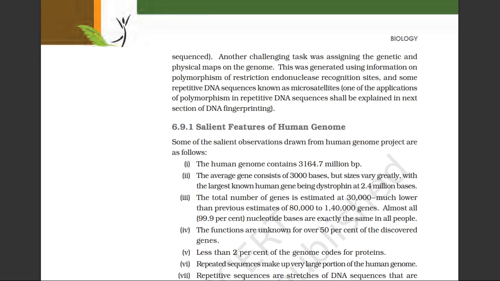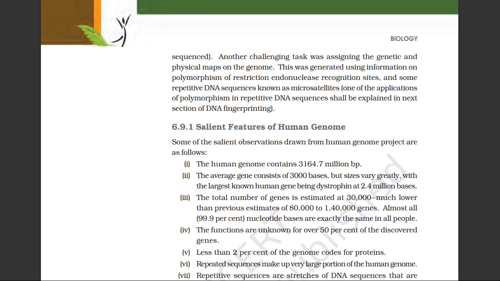6.9.1 Salient features of human genome. Some of the salient observations drawn from the Human Genome Project are as follows. 1. The human genome contains 3,164.7 million bp. 2.